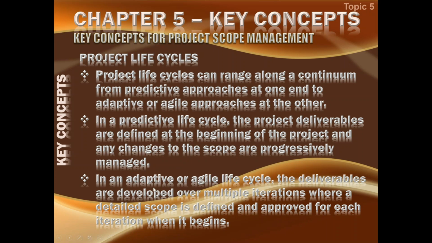But in adaptive and agile life cycles, the deliverables are developed over multiple iterations where a detailed scope is defined and approved for each iteration when it begins. We do not have an overall scope of the whole project in detail. We could have a very sketchy scope, but we are very clear about each iteration we are taking up.